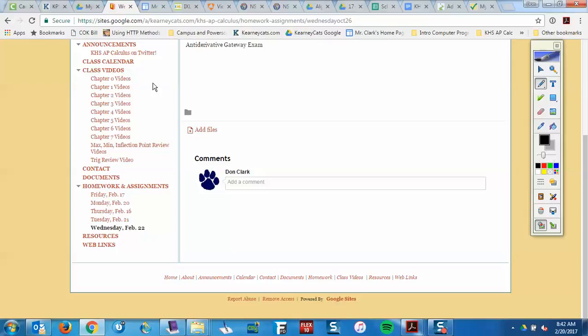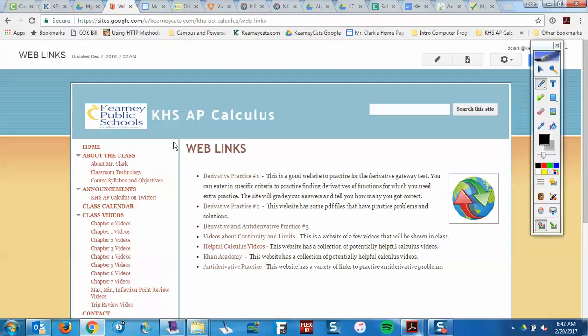If you go down on our website to web links, there are 2 places that say antiderivative. So let's go through a couple of them, and these can be places you can be practicing the next few days. And then I've got some problems that we're going to step through. I'm going to let you work on them, and some of it will be homework maybe.